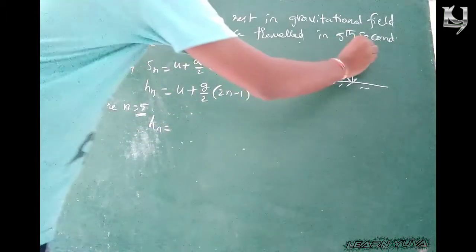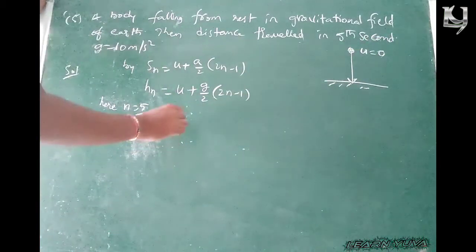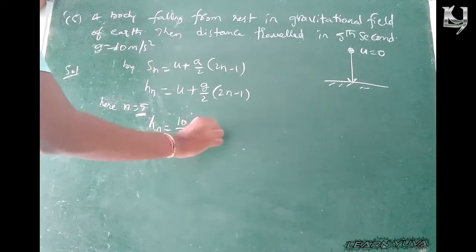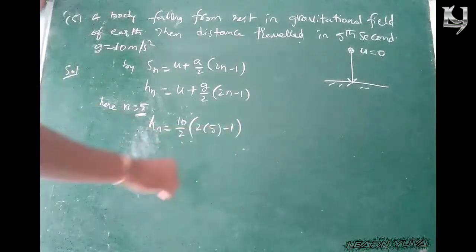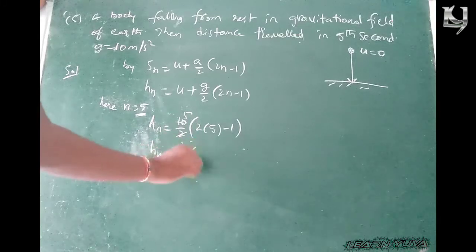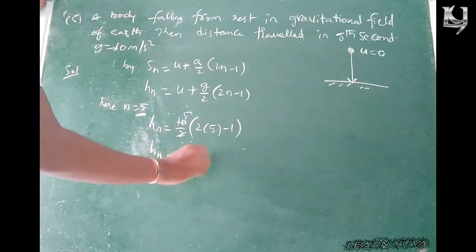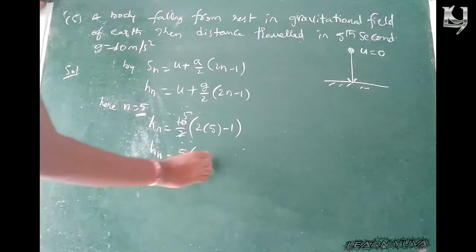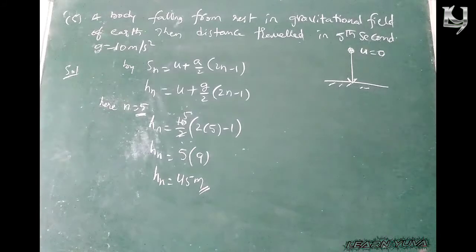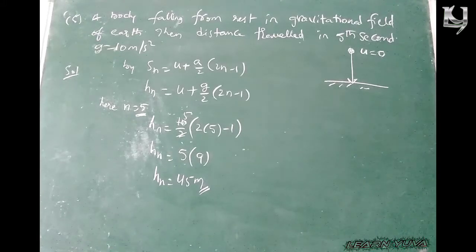For a freely falling body, u is equal to 0, so 0 plus g by 2, g value is 10, 10 by 2 of 2 into n value 5 minus 1. hn is equal to 2 ones 2, 5, 5 into 2 into 5, 10, 10 minus 1, 9. So hn is equal to 5 nines 45 meters. So 45 meters is the distance traveled by the body in the 5th second for a freely falling body.